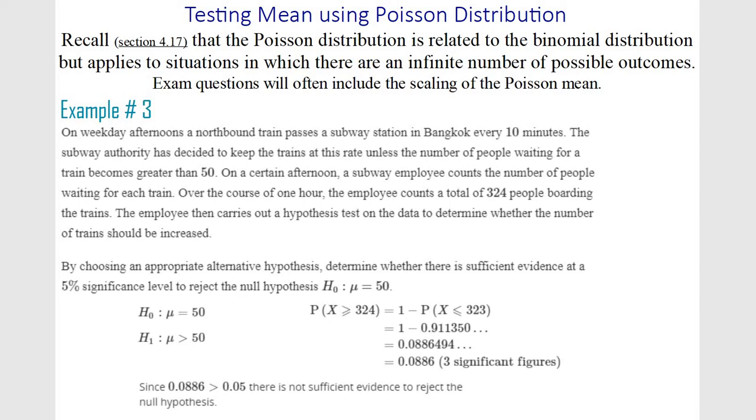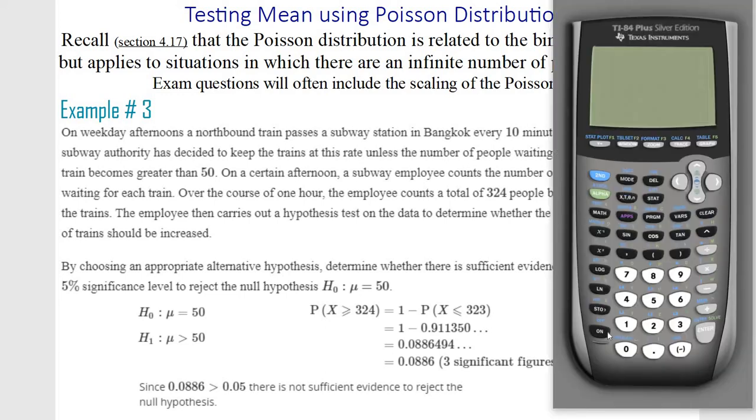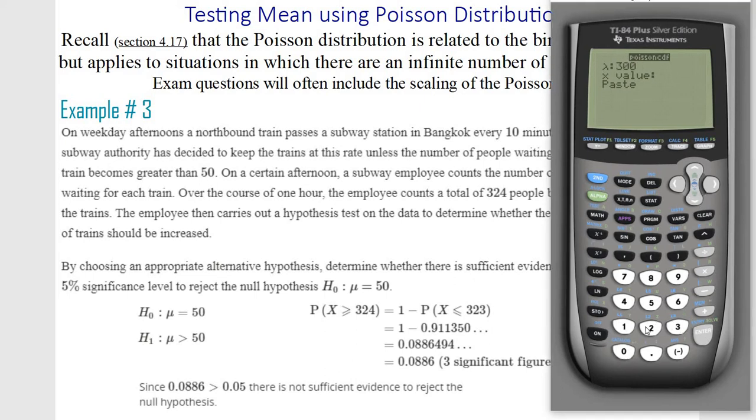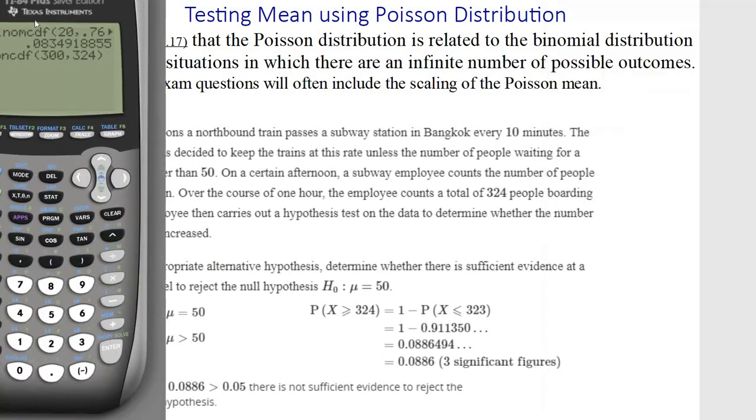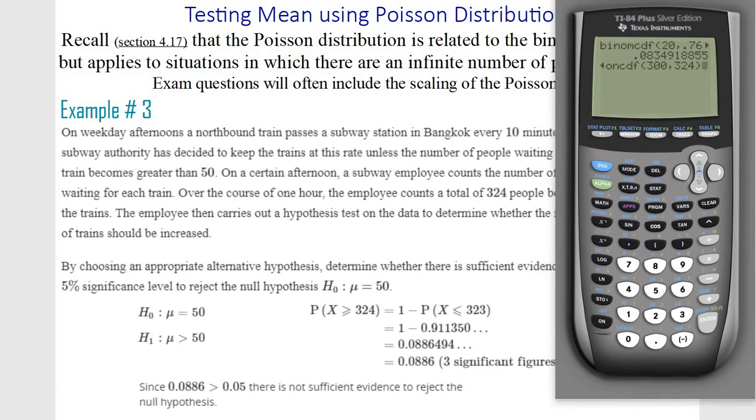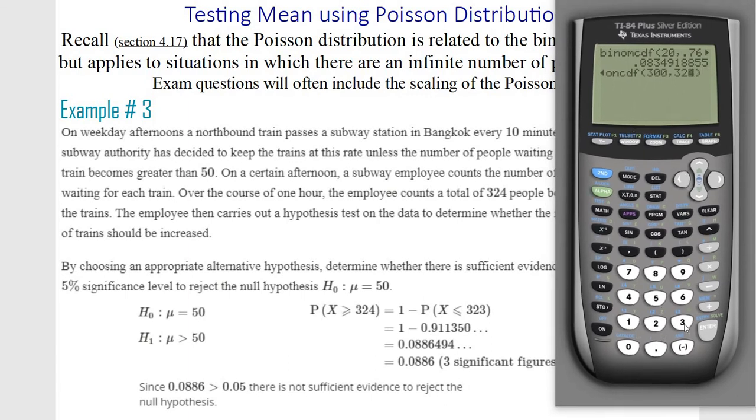Okay, so you plug that into your calculator using the Poisson distribution, the CDF. So here we would expect 300, but what we've got is 324. Oh, I'm sorry, 323, because this is doing the left side.